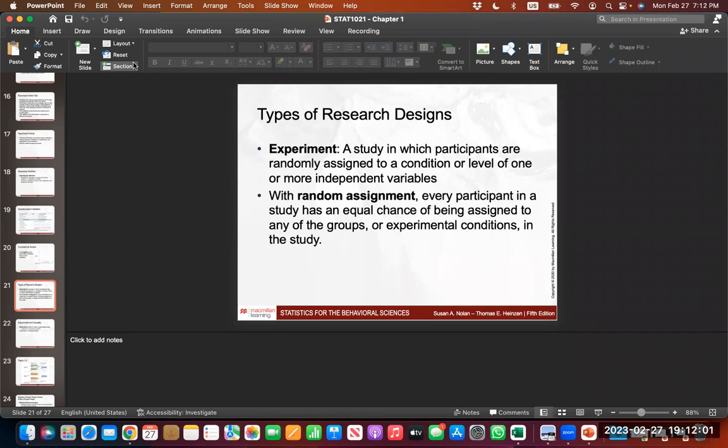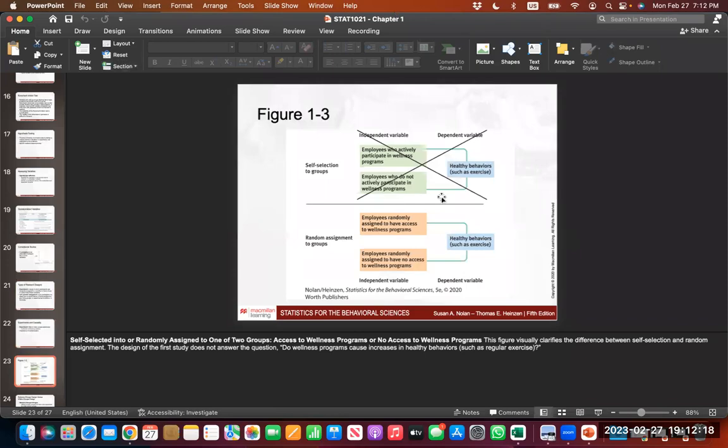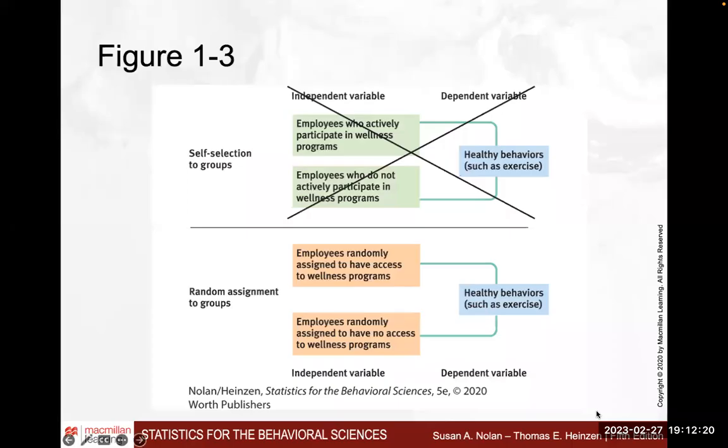You basically have a study with an experimental component, so you have an intervention and you do random assignment to reduce the amount of confounding. And confounding is nicely illustrated with this example, which we discussed in a bit more detail, where we have self-selection into a wellness program.